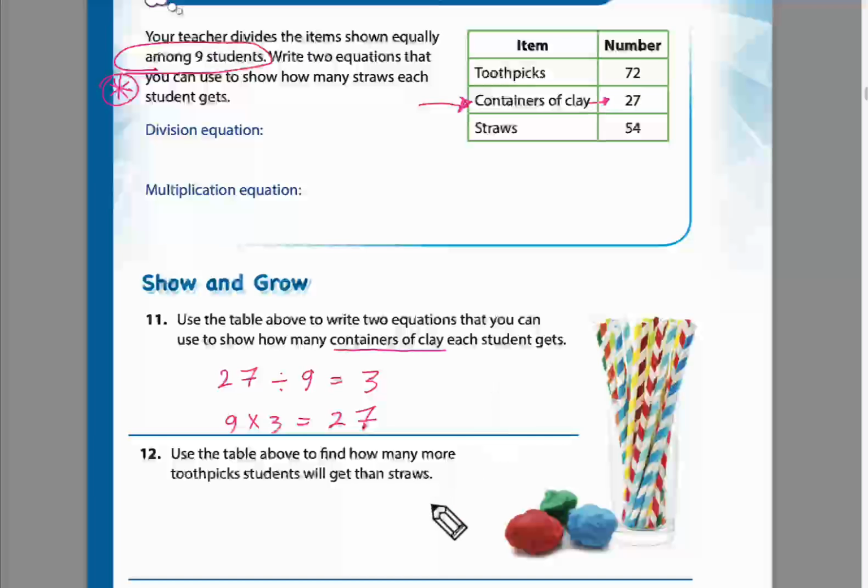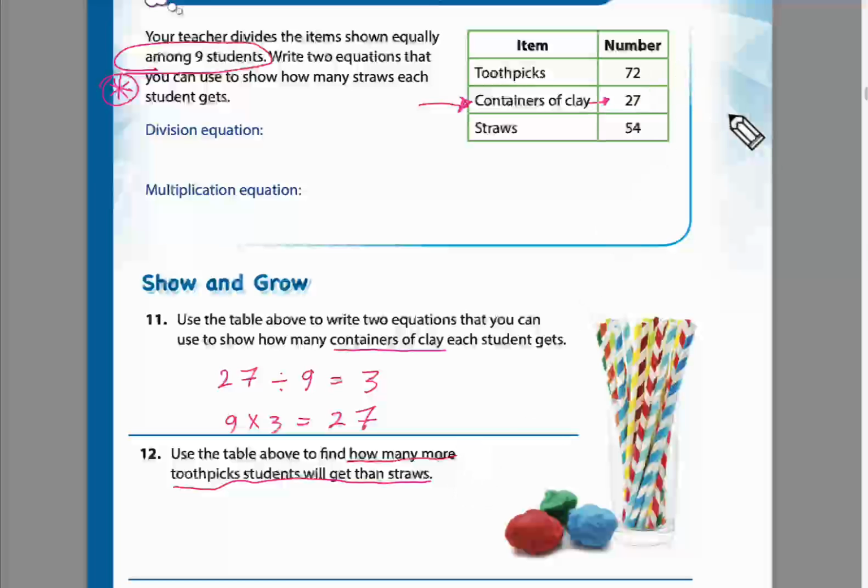Use the table above to find how many more toothpicks students will get than straws. Okay, so we need to find how many more toothpicks students will get than straws.